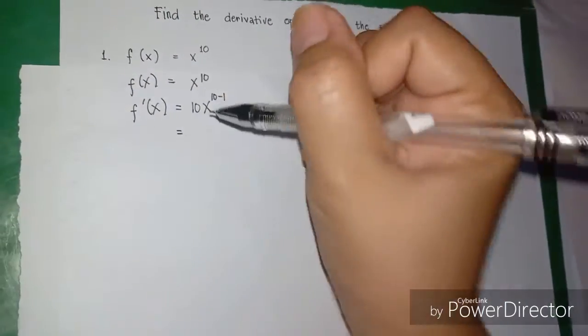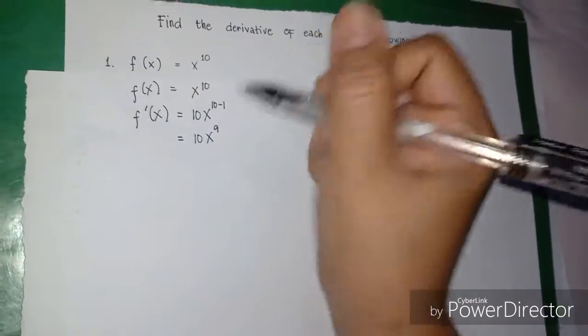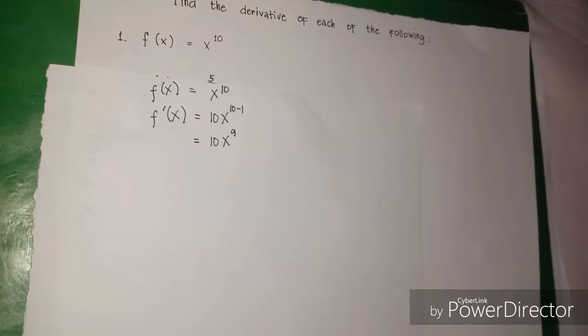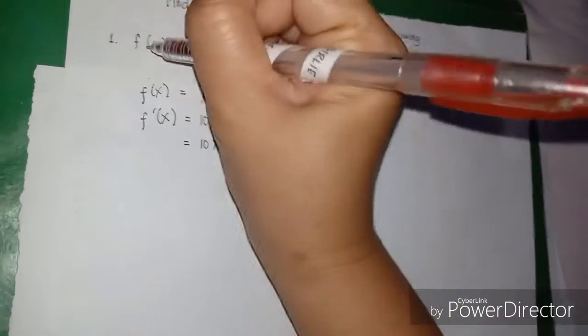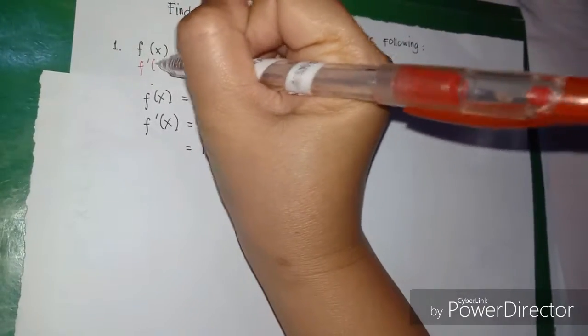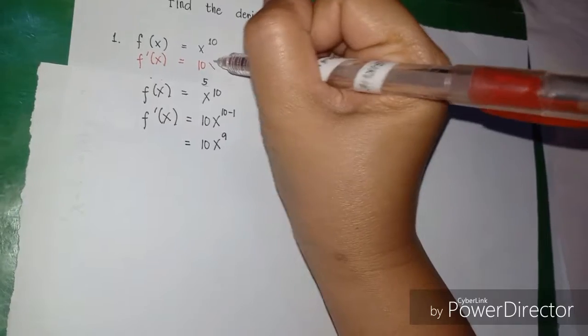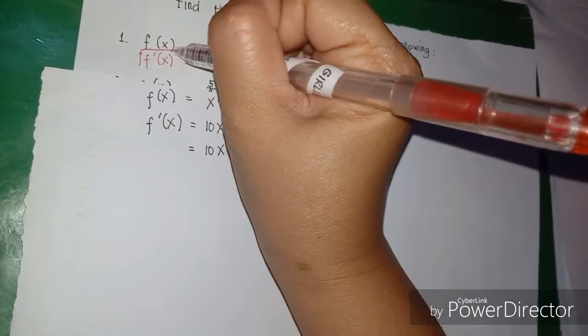So that is now equal to 10x to the 9. So the derivative of f of x is equal to x to the 10 is simply equal to 10x to the 9. Okay, that's for number 1.